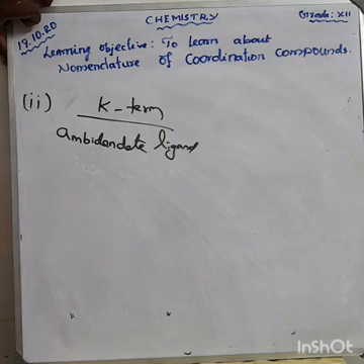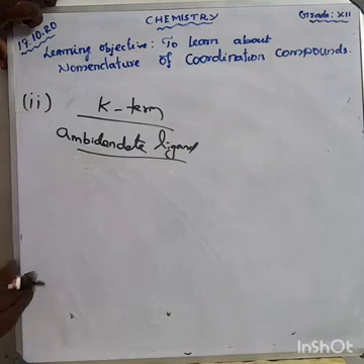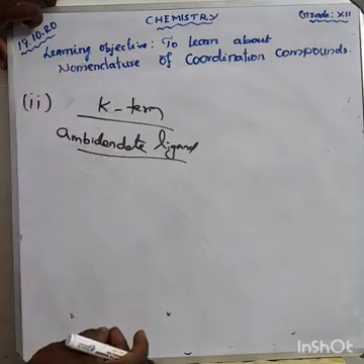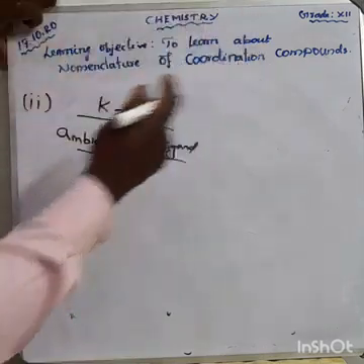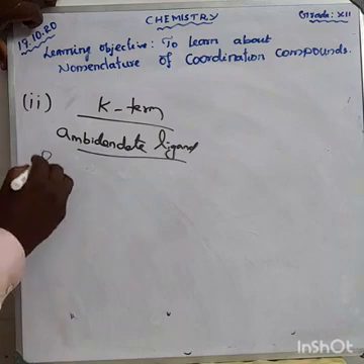First of all, we should learn about the ambidentate ligand. Some ligands have 2 or more donor atoms, but only one can donate an electron pair at a time. Please write the definition.